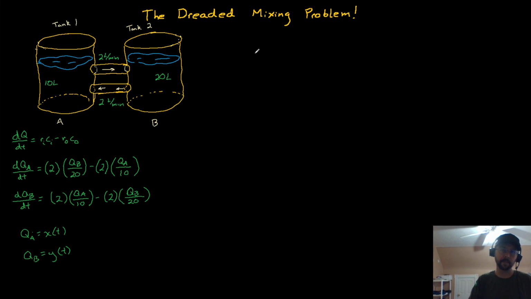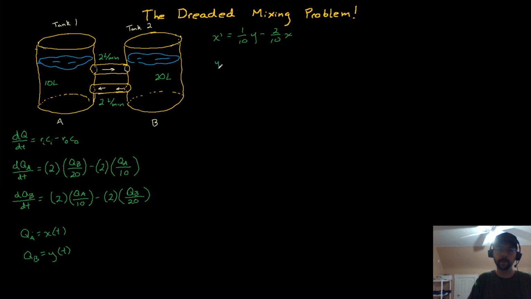I'm less likely to make a mistake this way. So we have the derivative of x equals 2 over 20 is 1 over 10 QB, which is y, minus, we'll just keep this as a 10, 2 over 10 x.